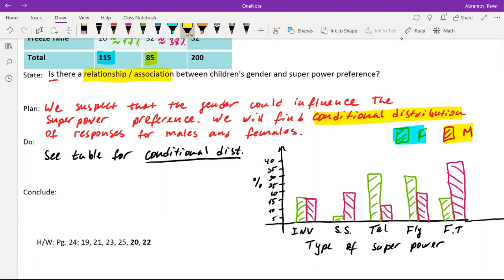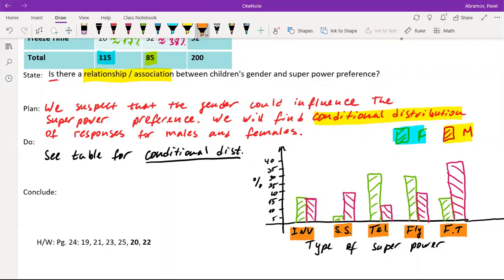I'm not going to be measuring with a ruler whether your bars are truly representing your percents or not, but it should be more or less obvious. Also notice that I, of course, labeled all of the actual superpowers here: invisibility, super strength, telepathy, flying, and freezing time.